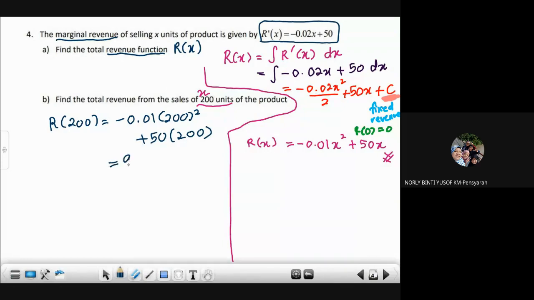Then you will obtain 9,600. So you say that the total revenue for the conclusion is ringgit Malaysia 9,600 with the unit. Okay, so that is for B.